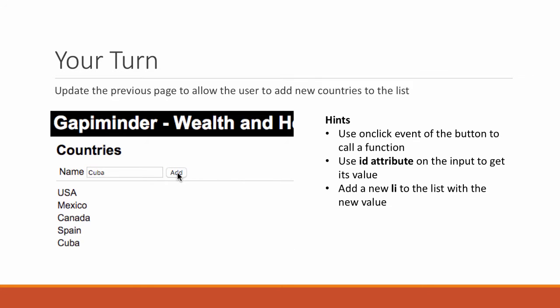So you can use on click on the button to capture the click action of the user. Add an ID attribute to the input so you can get the value using the ID. And whenever you add a new country, just add a new li element to your list so you can keep it consistent, and in every change everything will look the same and so on.